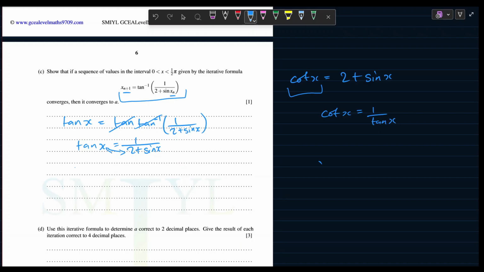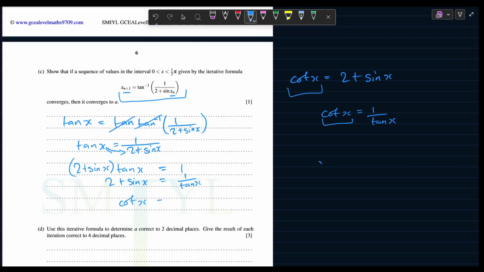So if we did it the long way, this would be multiply both sides by 2 plus sine x. So 2 plus sine x tan x is equal to 1. Then now divide both sides by tan x. So you get 2 plus sine x is equal to 1 over tan x. And we said 1 over tan x is cot x.